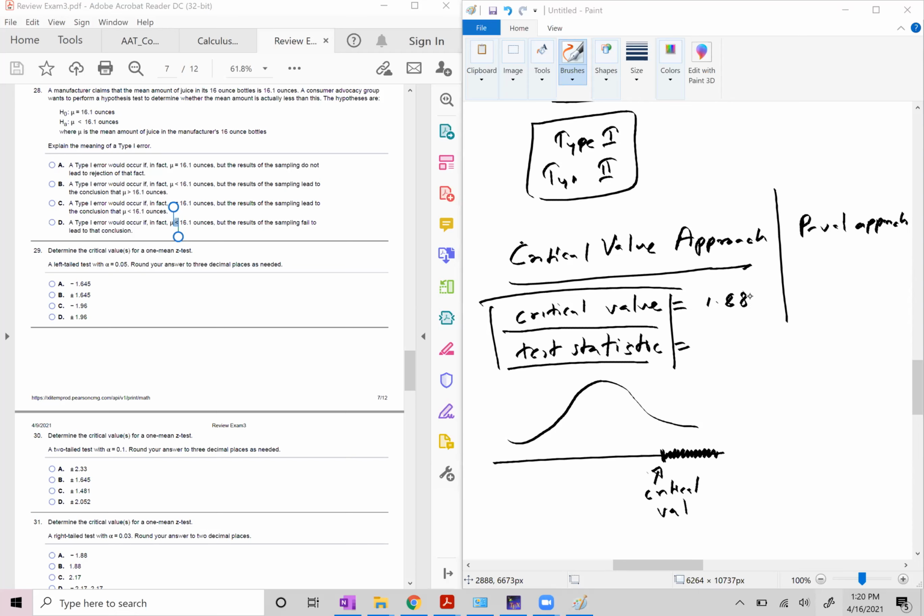And the test statistic is something you calculate from the sample. This is also a value. Let's say this is 2.01. Now we compare these two values. That means if this test statistic falls here, we reject the null.